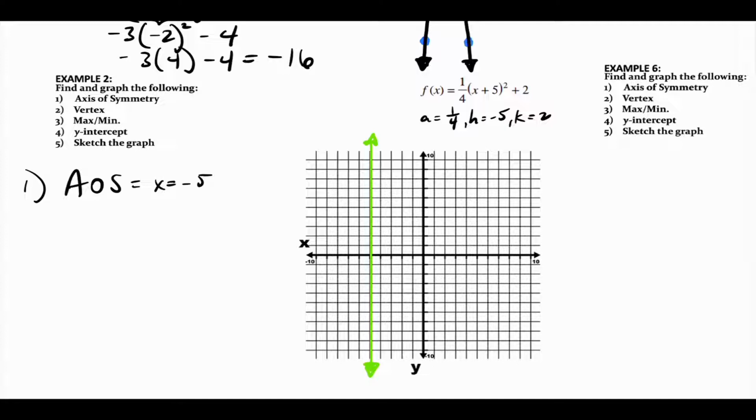All right. Next one is vertex. Vertex is h comma k. So -5, +2.